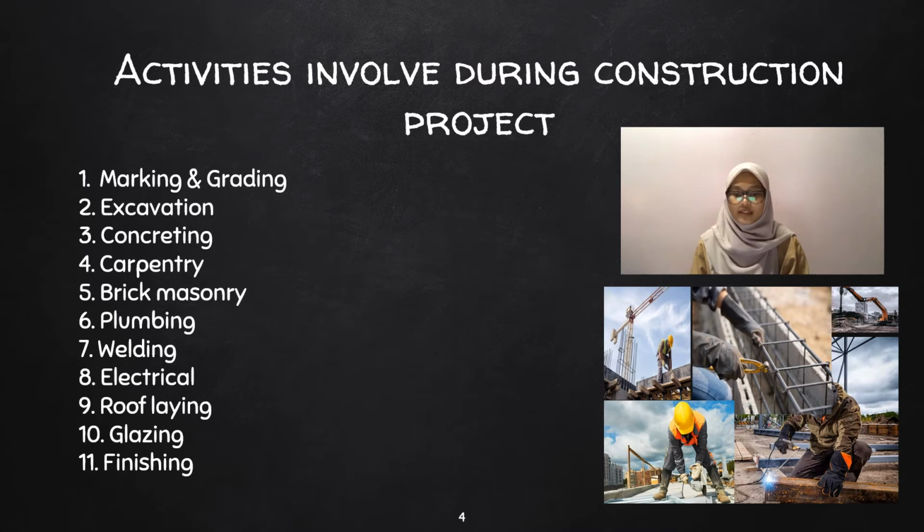Welding. The activity of attaching two metals together using heat is welding, a crucial action in construction used to bind metal, especially for structural purposes. There are different types of welding which can be used for different types of metal and different conditions.